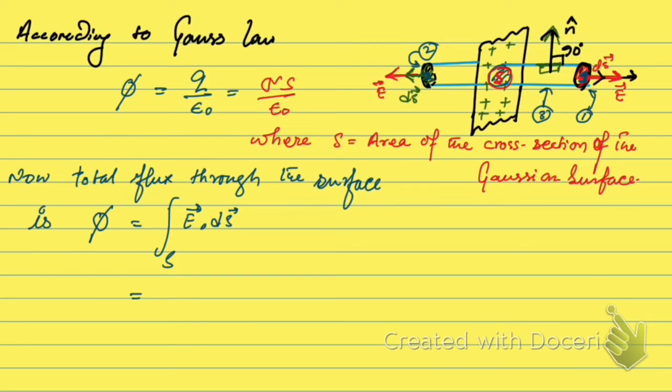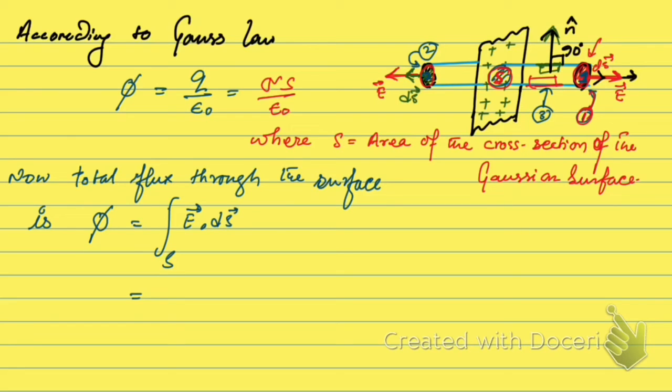So what are those? This end is taken as surface number 2, and this end is taken as surface number 1, right? And this curved surface is taken as surface number 3, right? So hope you have understood this.